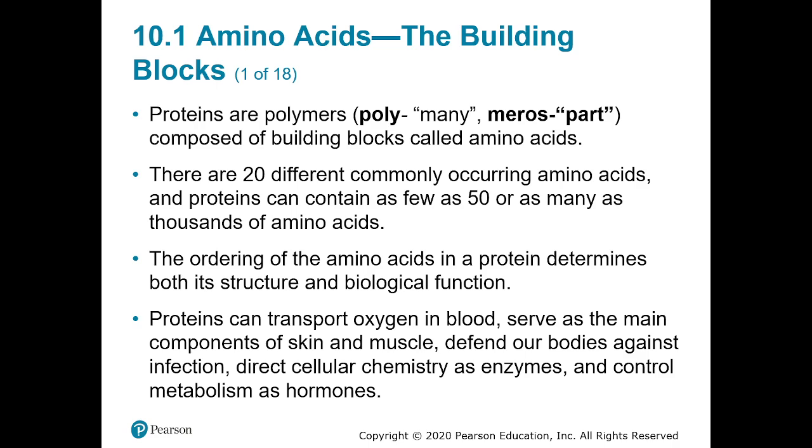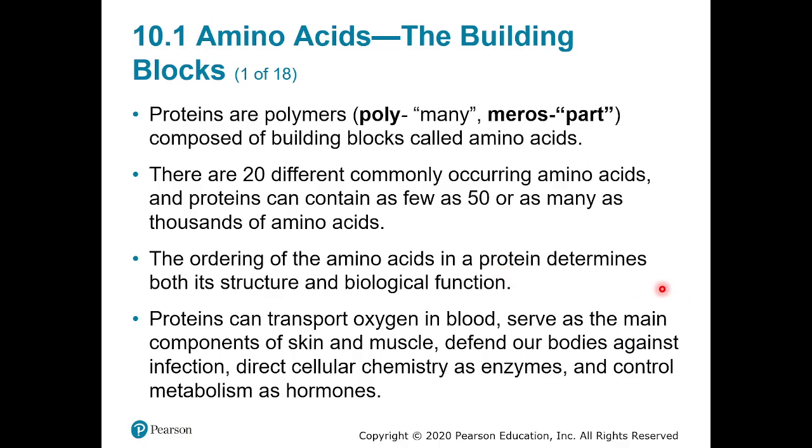The ordering of the amino acids in a protein is going to determine both the structure and the biological function, though it is not only the amino acids that does this. You have other things that are going to be included. For example, you need metals in many of the proteins for them to fold correctly, okay? And so magnesium is quite important in this process. A lot more important than you may have realized, all right?